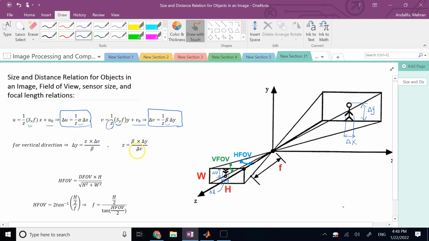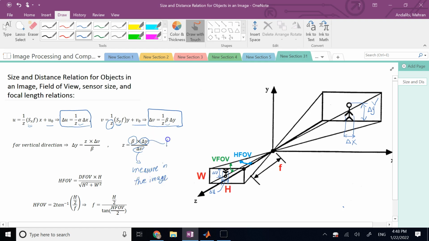Yes. As long as I know how big the object is in the world frame, let's say, for example, if I just look at the vertical direction, I know this delta y of the object, so I can measure this. Beta I can get from camera calibration, and delta v I can measure from the image. Okay, so if I want to write them, this one you measure in the image.